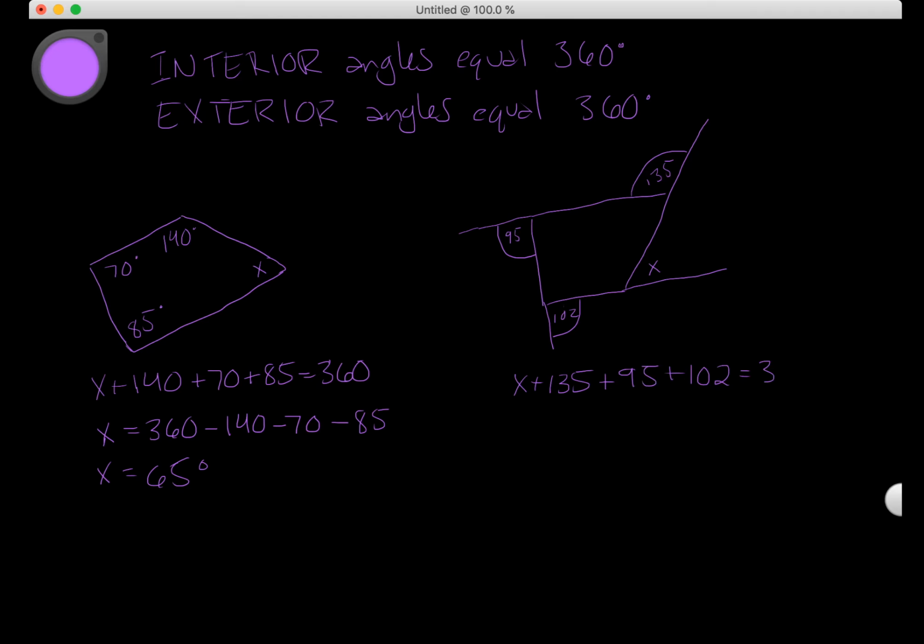Once again, I want to isolate for x. So I'm going to move everything else back over to the other side. So x equals 360 minus 135 minus 95 minus 102.